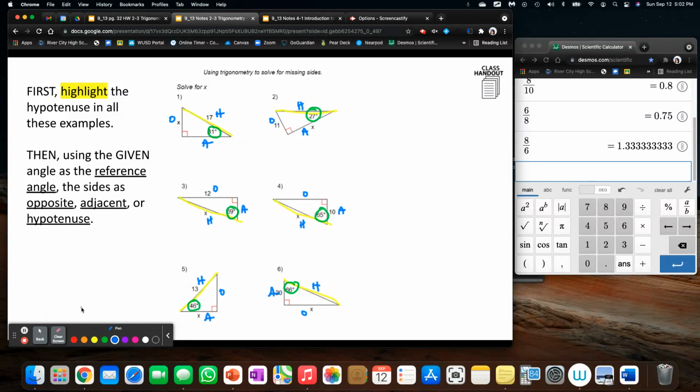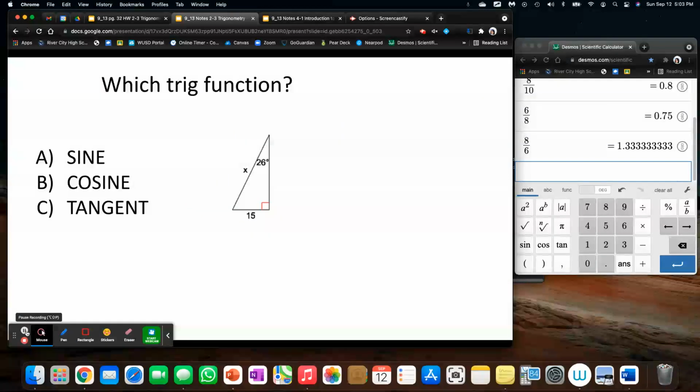Okay, so now to figure out which trig function you're going to use, you basically have to figure out which side you're solving for and which side you're given. Based off of that information, it should tell you which trig function to use. Take this example for instance. We know that x is our hypotenuse. Here's my reference angle. 15 would be the opposite side.